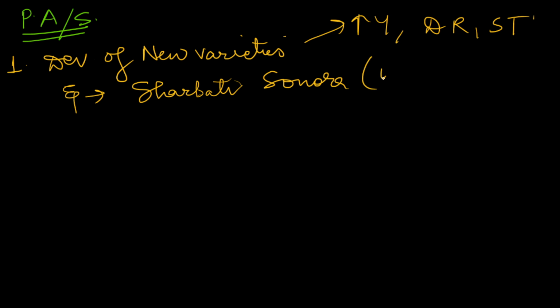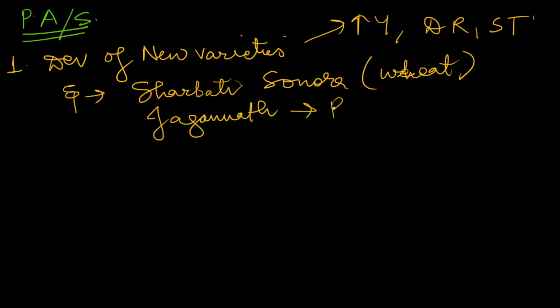It is a mutational variety of wheat. We can also give the example of Jagannath. Jagannath is a mutational variety of rice, paddy, and it was developed by OUAT, the Odisha Agriculture University.